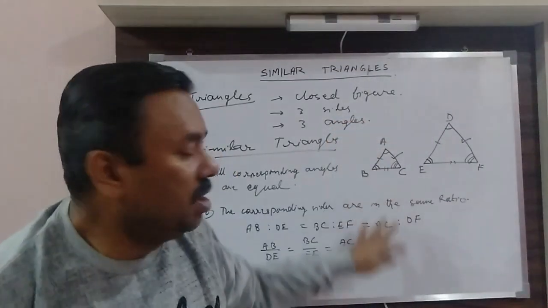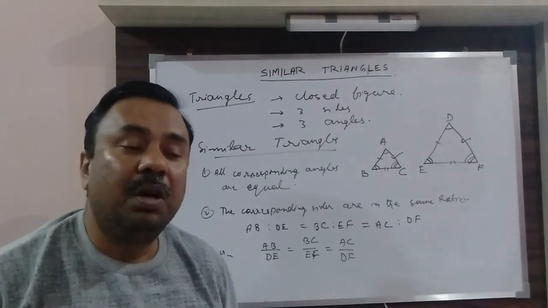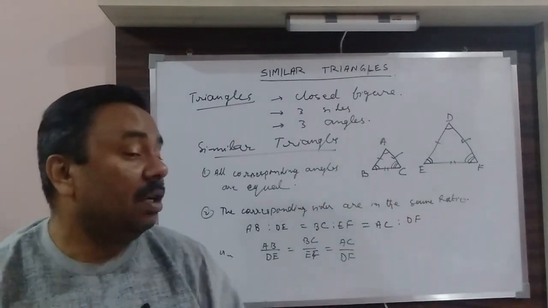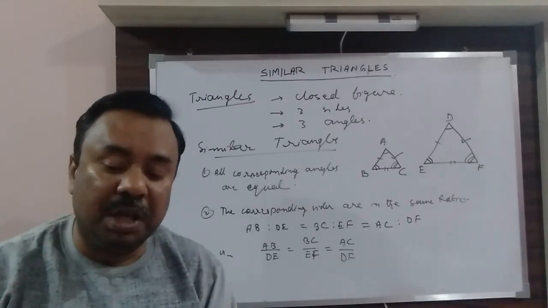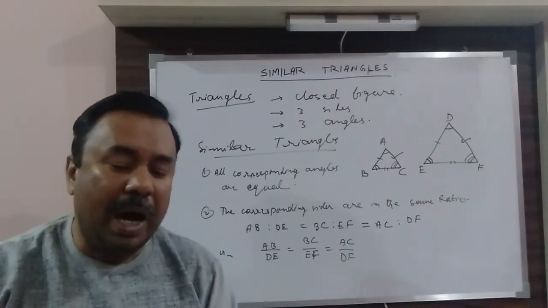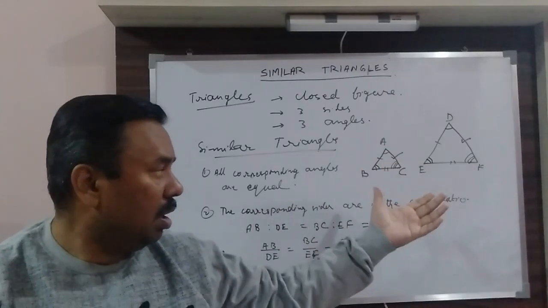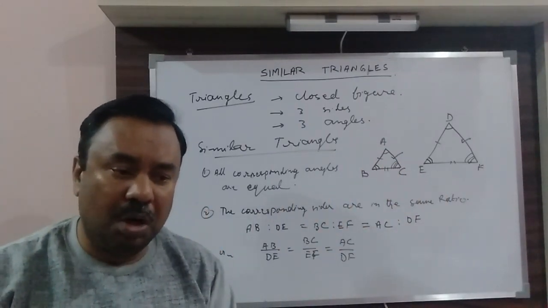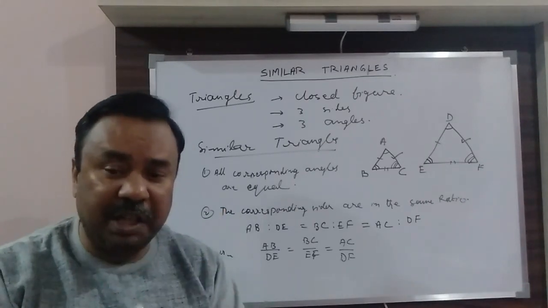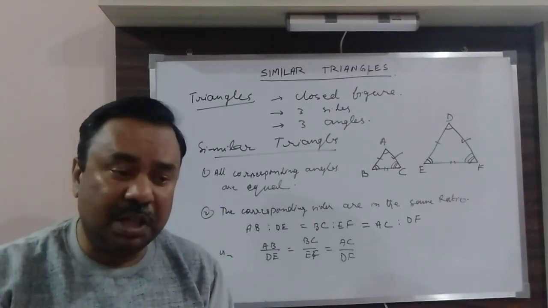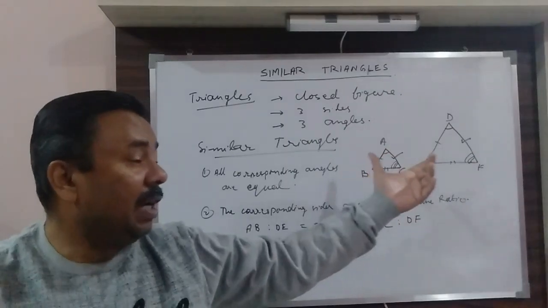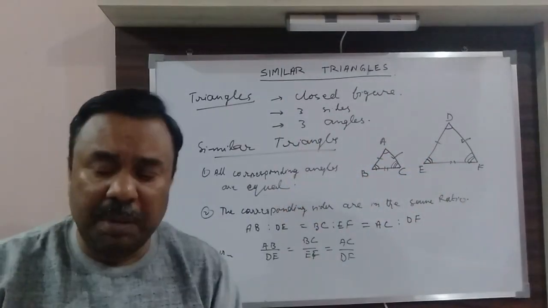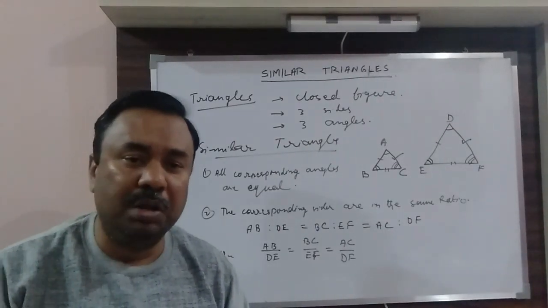If these two conditions are satisfied, then only we can say that the triangles are similar to each other. Before I go to the next part, that is, what is the sufficient criteria for me to say that two triangles are similar, I would like to give you some more concepts on this.